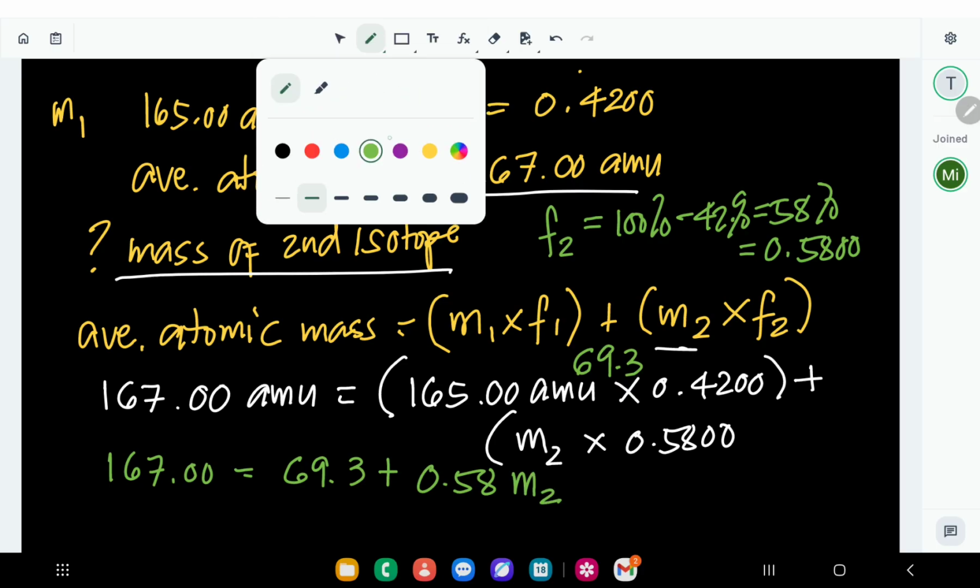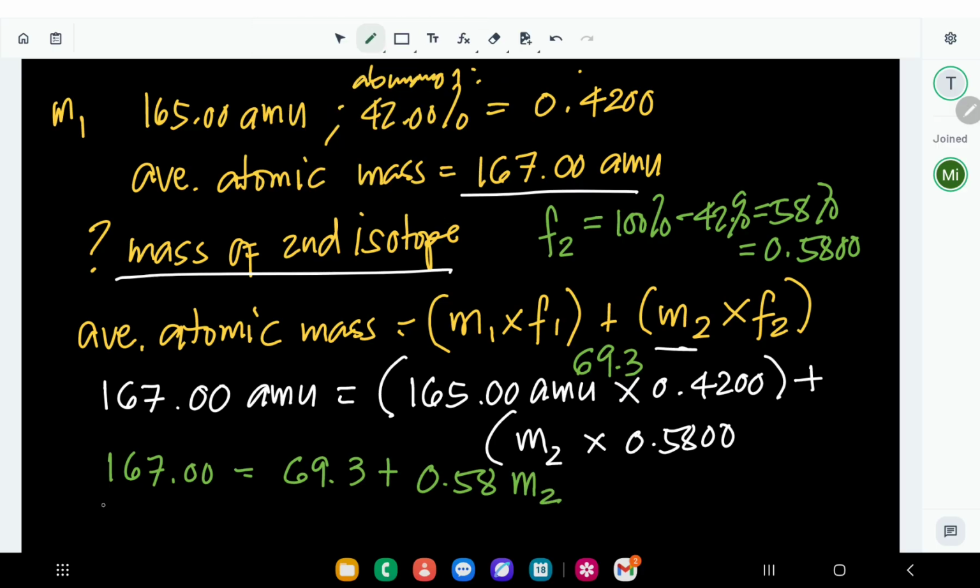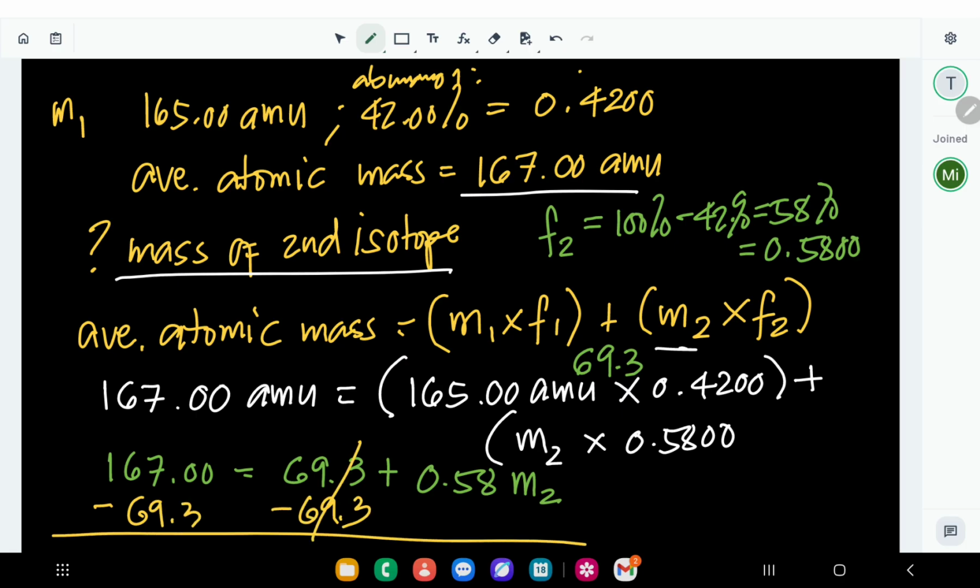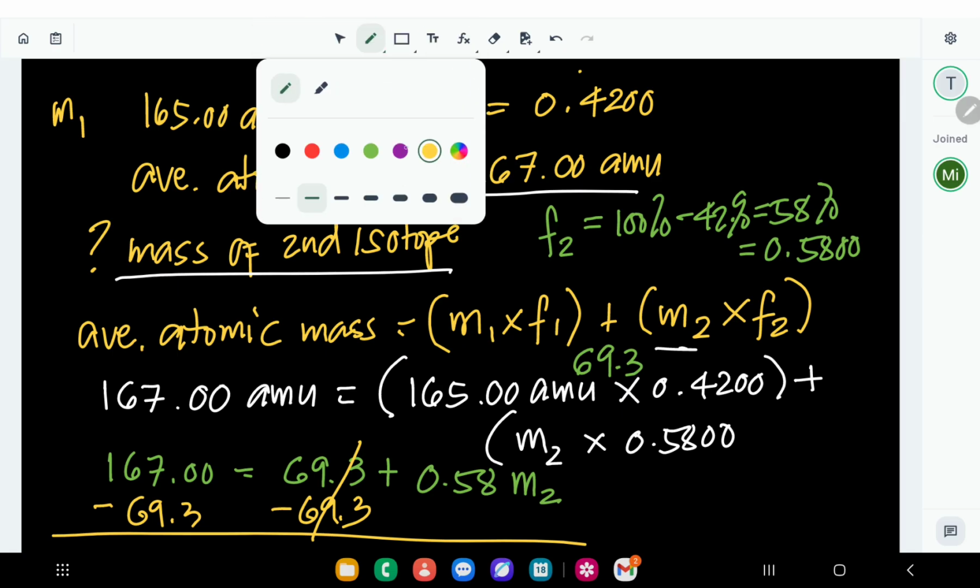So we subtract 69.3 from both sides. Then we have 167 minus 69.3, that is 97.7.